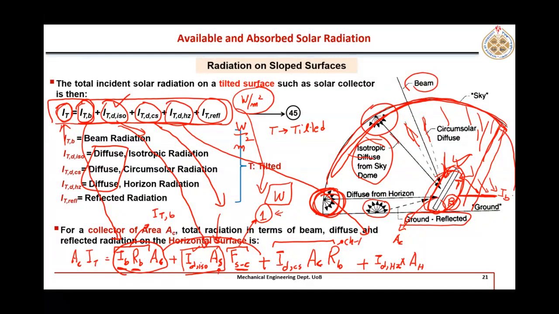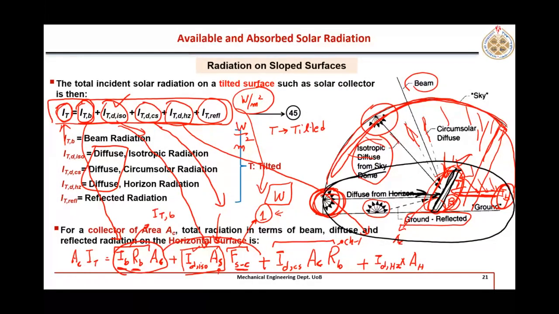And again, the horizon at the back is not falling on that collector, because horizon is coming from the entire 360 degree. Okay, but only the front part, because this is the solar collector which is absorbing the solar radiation. From the back there is normally an insulation, so it will not allow the solar radiation to enter.